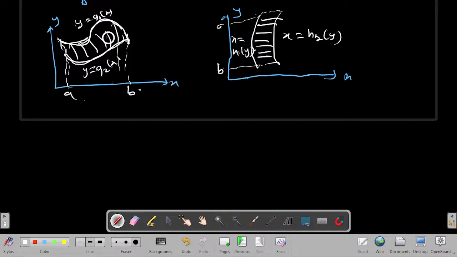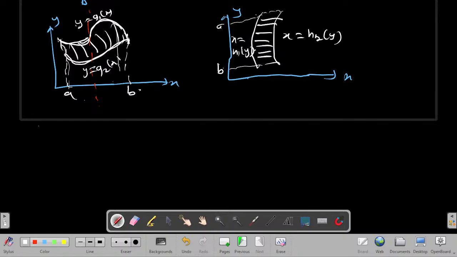So whenever you have a function in the sense of y, you cut through in parallel towards your y-axis. Therefore, your function is going to start from the lower point to this one, with the boundaries a and b.